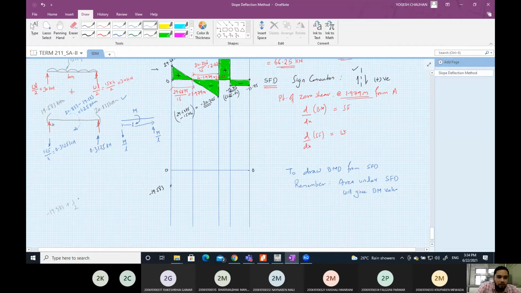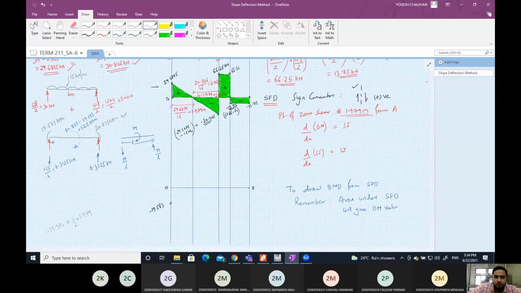Here the base is 1.979 and the height is 29.6875. This will give you the bending moment at this point, because we have considered the area up to this point.